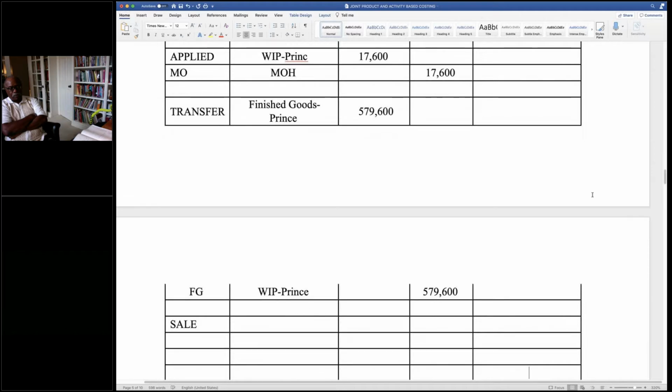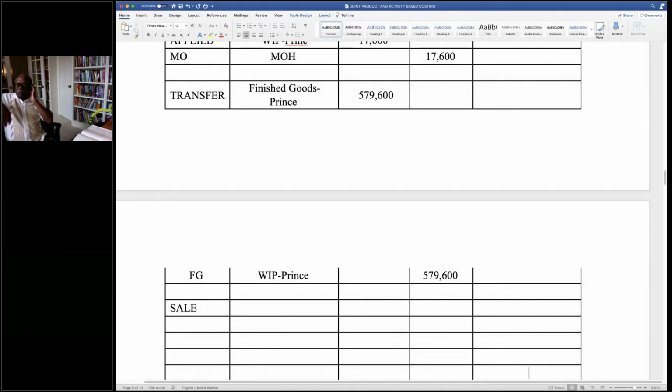And then the next step we're going to do is calculate the sale that they did. So what we need to do is debit cash and credit sales. And to get the amount that they have for sales, we're going to multiply the amount that they sold, the 15,000, by their selling price that we calculated way at the beginning.